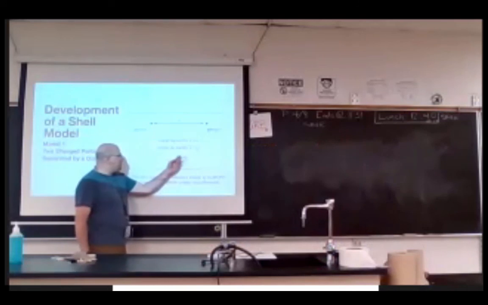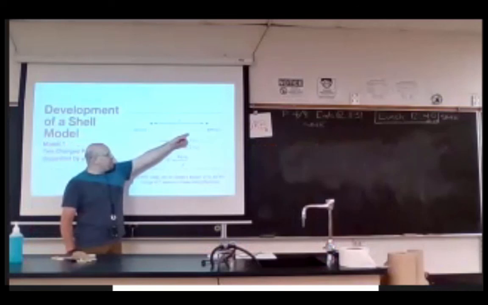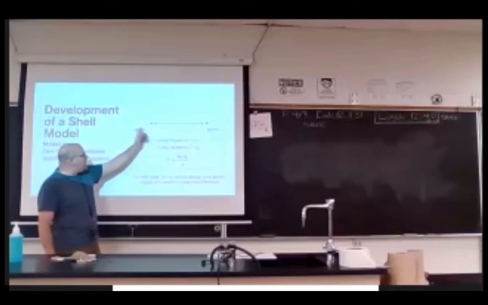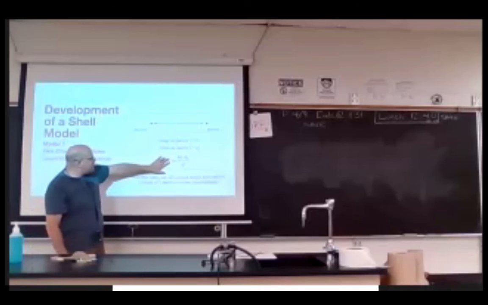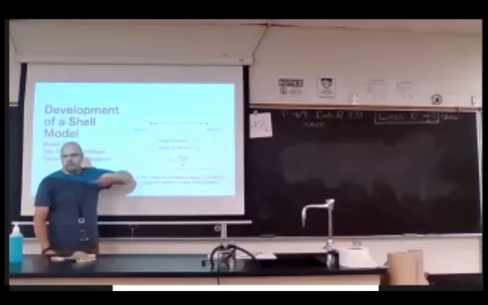Q1 and Q2 represent, like it says, the charge on the particle. D is simply going to represent the distance between those particles. V is going to represent the potential energy, and K is a constant.